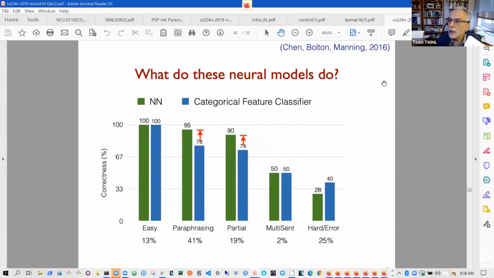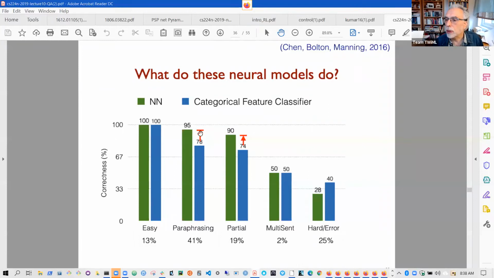But then he compares, okay, breaking down the performance on different kinds of questions, they find that the neural network does better in these areas. So the neural network is the green, and the categorical feature classifier, that would be based on a non-neural network model.